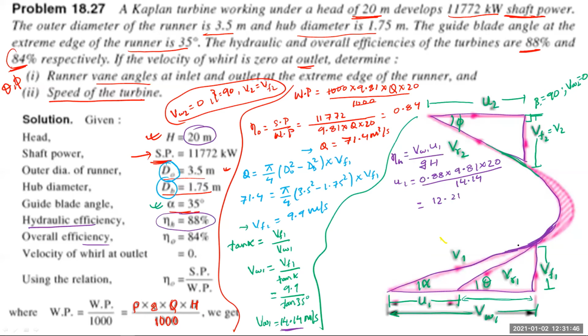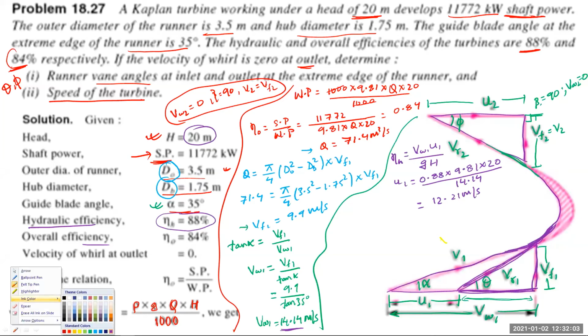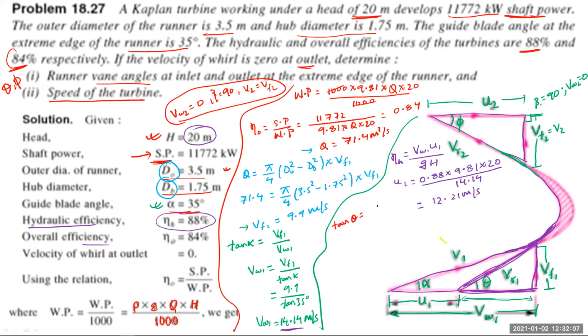Okay, now we can apply tan theta in this triangle. Tan theta equals perpendicular by base. Perpendicular is VF1, base is VW1 minus U1.